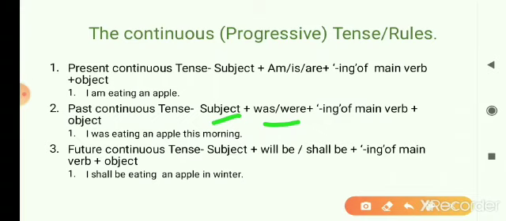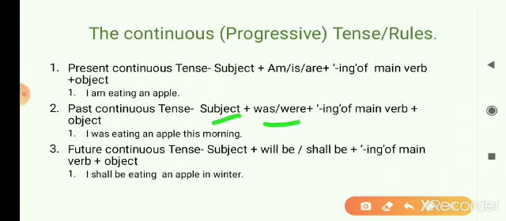So it will become I was eating an apple this morning. The subject is I, and I have written was. For the main verb eat, I join ing. So I was eating an apple this morning.